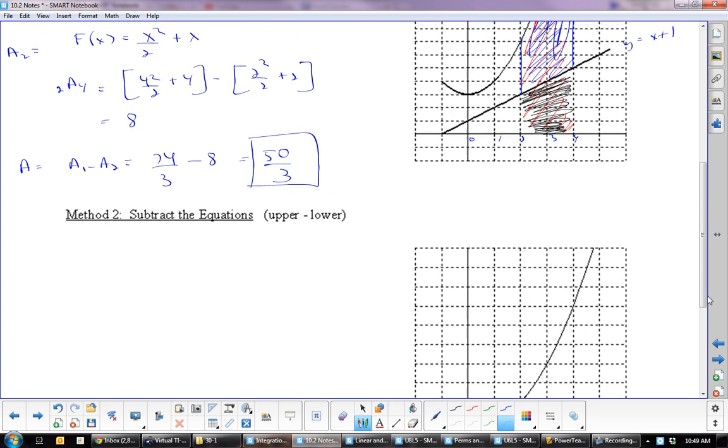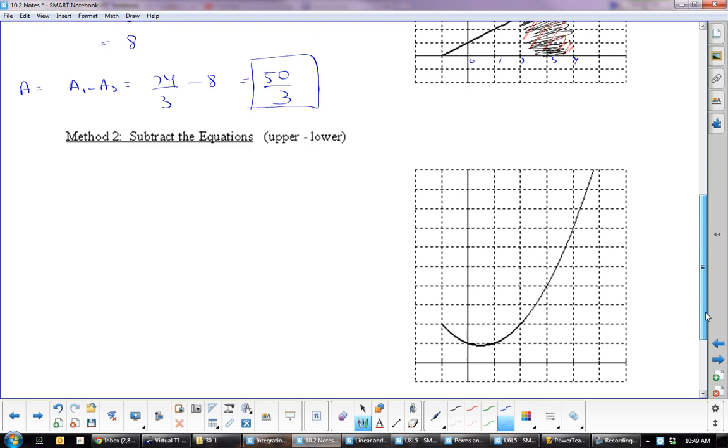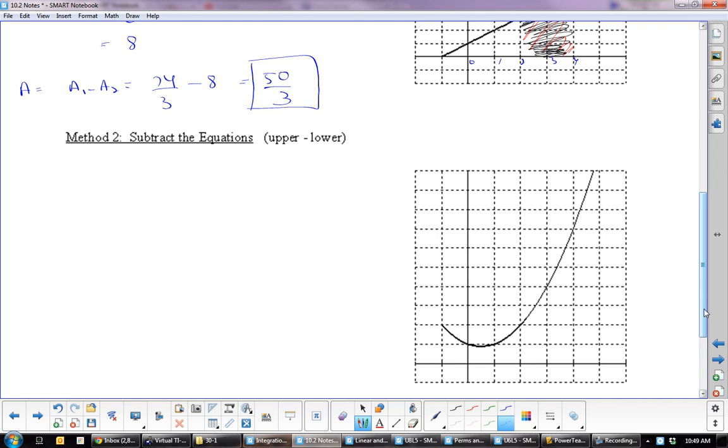Okay, now there's another method that actually works equally as well, and that is if you take and subtract the two equations right from the beginning, the upper minus lower, and it's like bringing down the equation. Okay, so new f of x is x squared plus 3 minus (x plus 1).